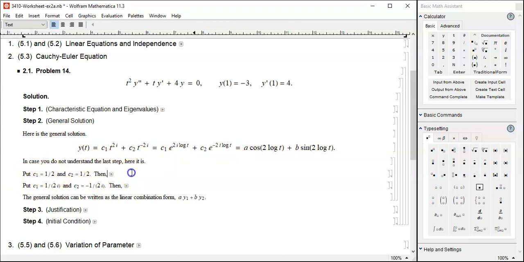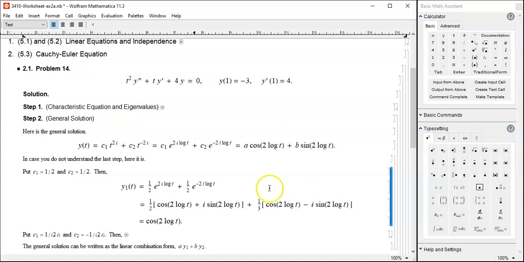As a matter of fact, I originally did just C1 equal to 1, C2 also equal to 1, and it turned out to be some constant times cosine, and the constant turned out to be 2, so okay, I start from 1/2, then eventually we'll just get 1. But in any case, if we start from 1/2, we get this beautiful expression here.